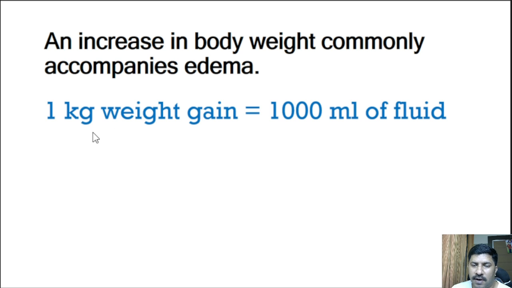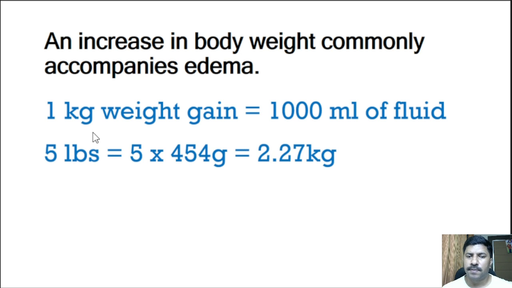But in the question, 5 pounds increase is mentioned, so we need to convert pounds into kilograms. 1 pound is equal to 454 grams, so 5 pounds is equal to 2.27 kilograms.